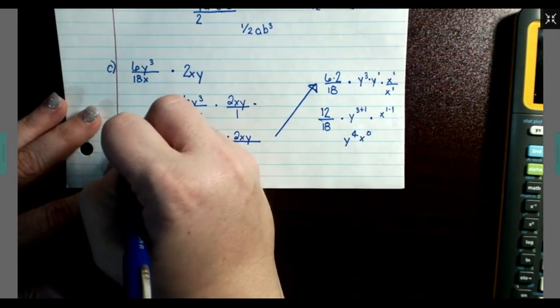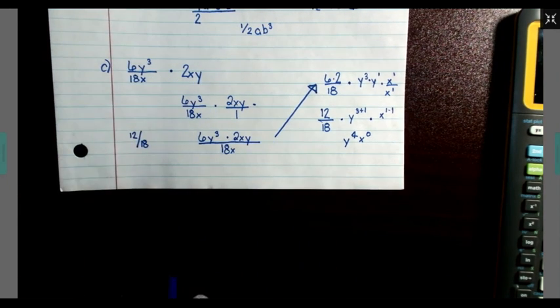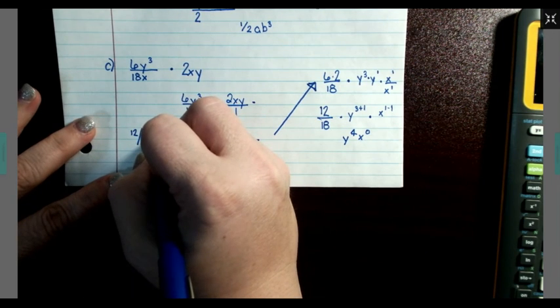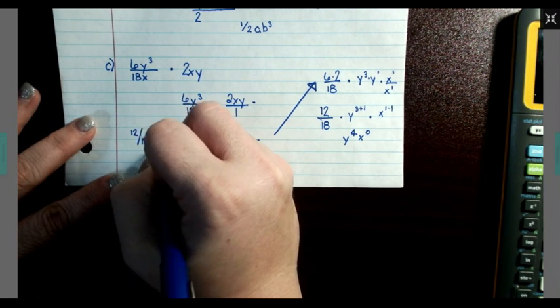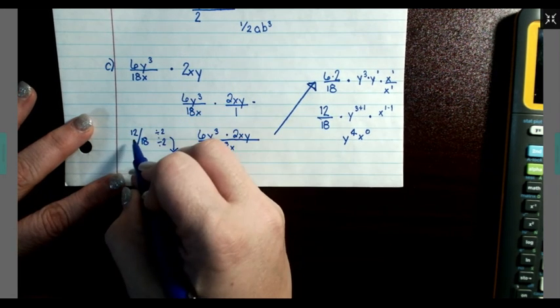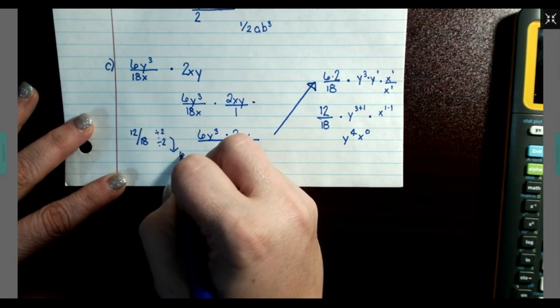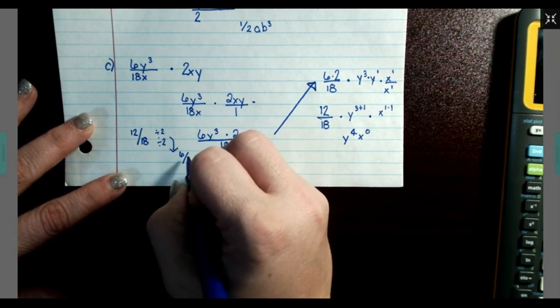But I do want to talk about this 12 over 18. I want to simplify that. What number can actually divide into both 12 and 18? I think that 2 is a good number. Well, I'm going to divide both of those by 2. 12 divided by 2 is 6. 18 divided by 2 is 9.